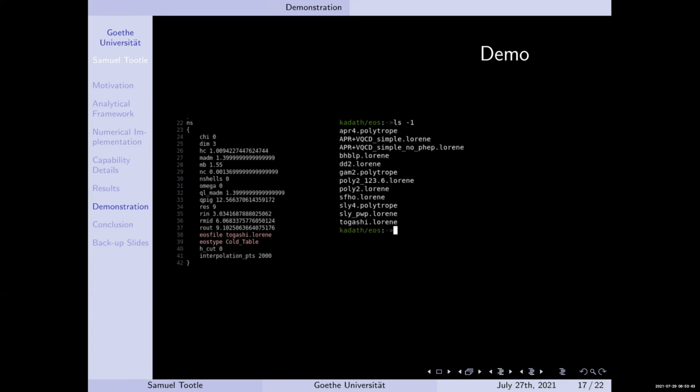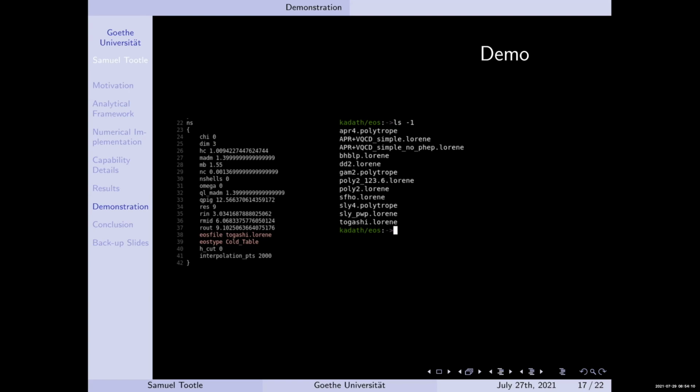And now if you want to change the equation of state. So if you ran the setup initially and you're like, I don't want Togashi, I want something else, we can change the EOS file and EOS type. By default, the EOS directory that it looks in is this cadet EOS directory, which has some basic polytropes and cold tables that we've included there.